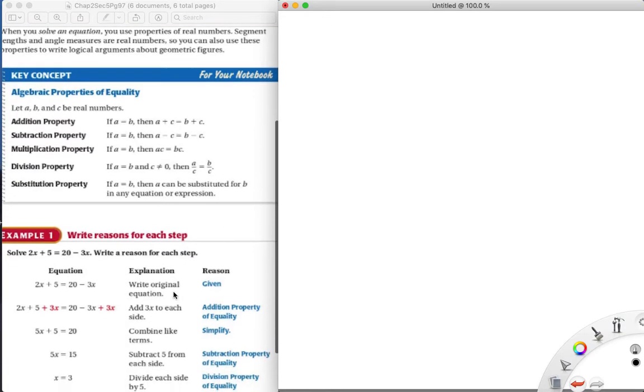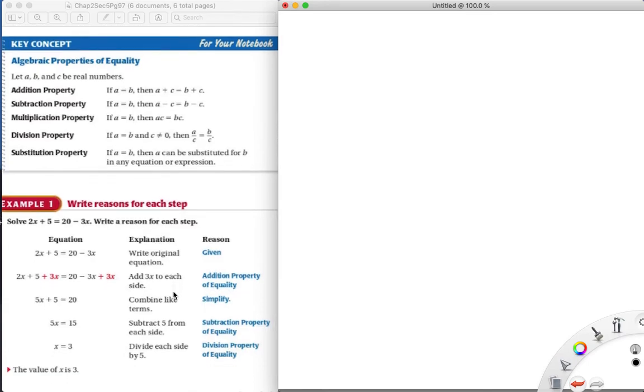So using proofs algebraically, as an example, they give us this and they want us to justify each step. So we have 2x plus 5 is equal to 20 minus 3x. All right, that's our original equation. The book writes it as equation and reason.